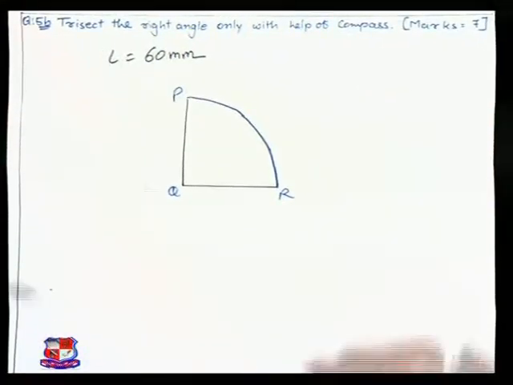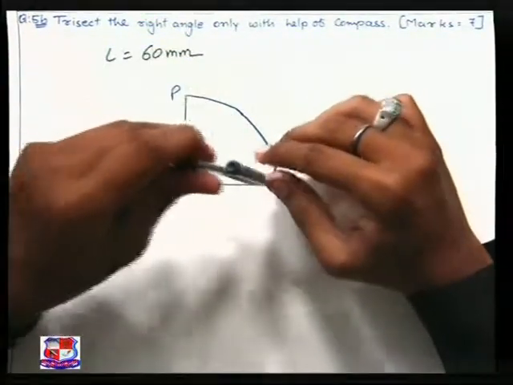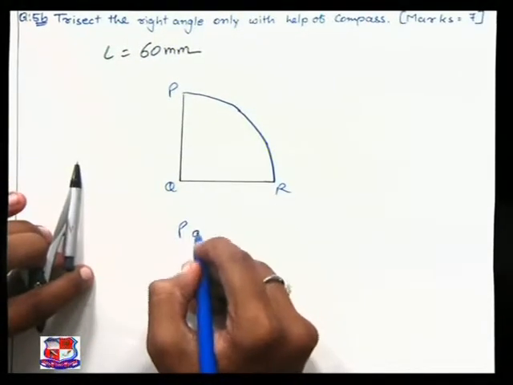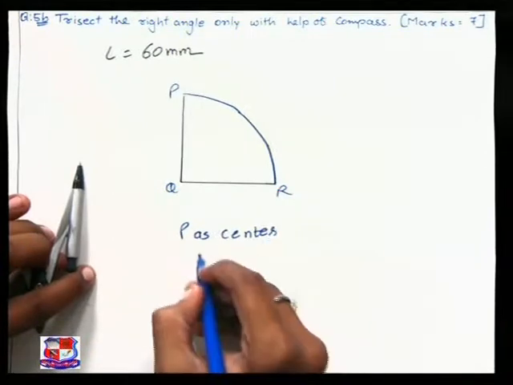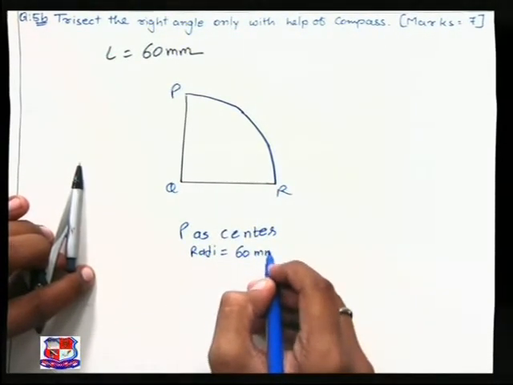Now take P as center, radius equal to 60 mm.